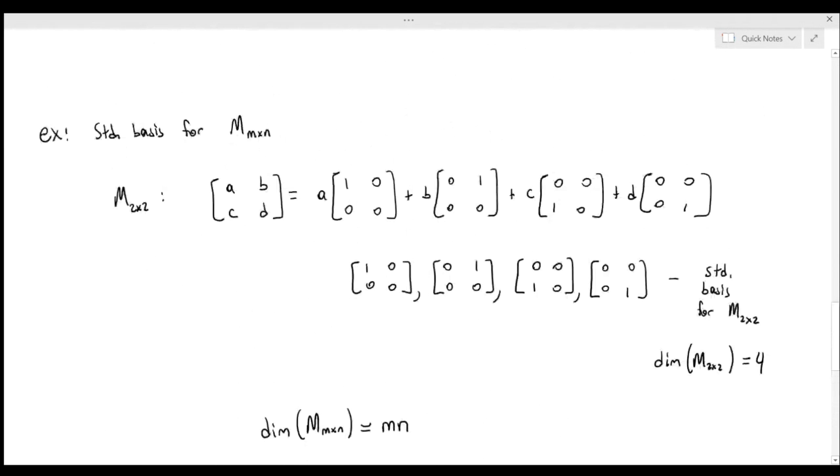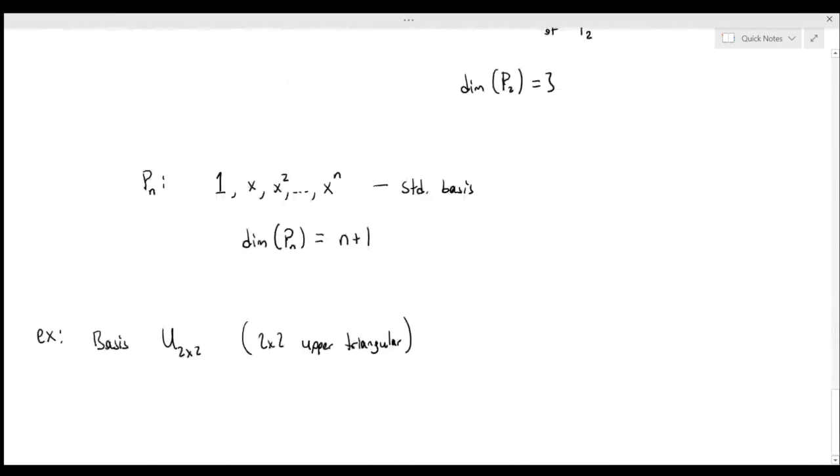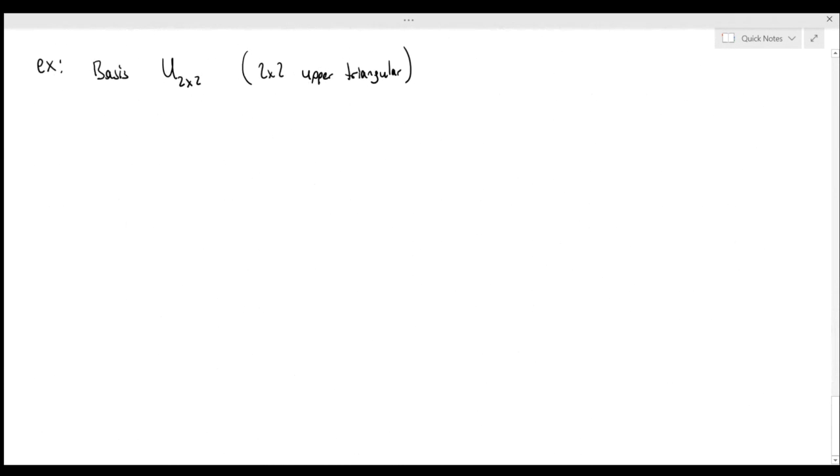I did something similar for M2 by 2, where again, I took a generic element of my space, and then I used my variables to write it as a combination of certain matrices, and that ended up giving me a basis. So this general strategy, you can apply it to any other space that you encounter.